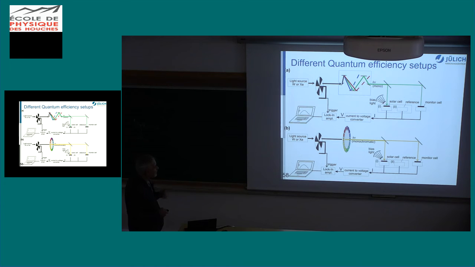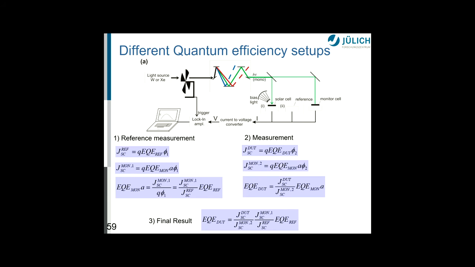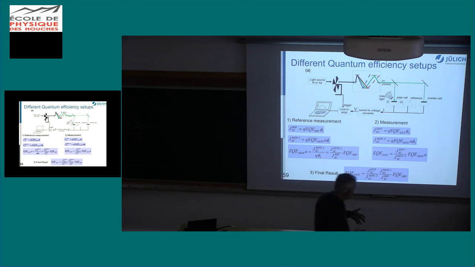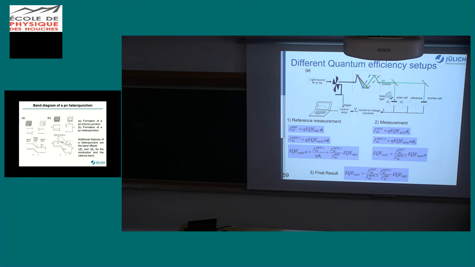But for the sake of time, I would skip that, so you can find that in the file, and also the description of the method of how to do it with different reference and monitor cells, to make sure that it's quantitatively correct, because that's a very, very important measurement for the solar cell.